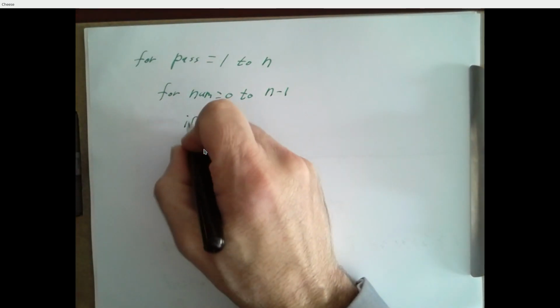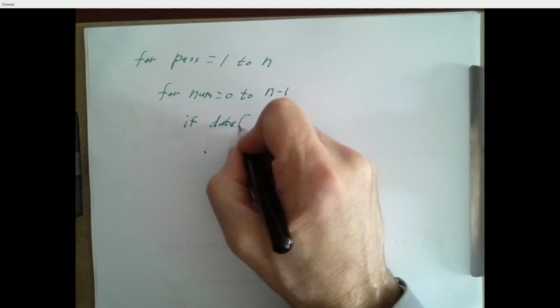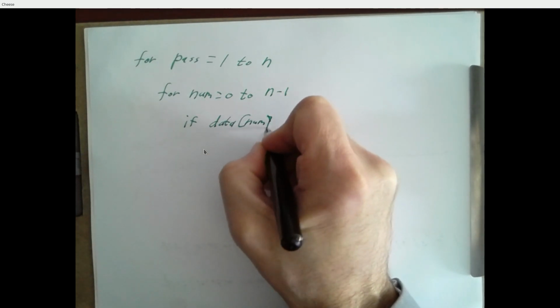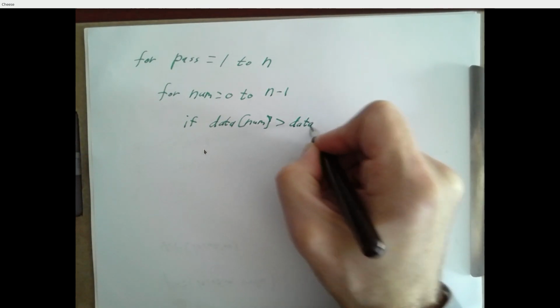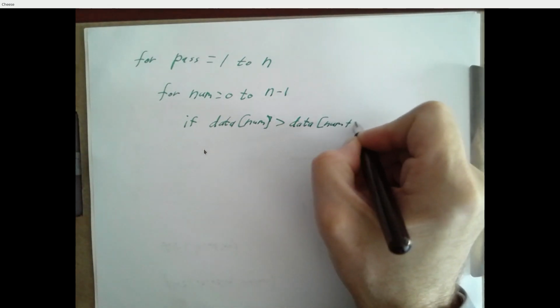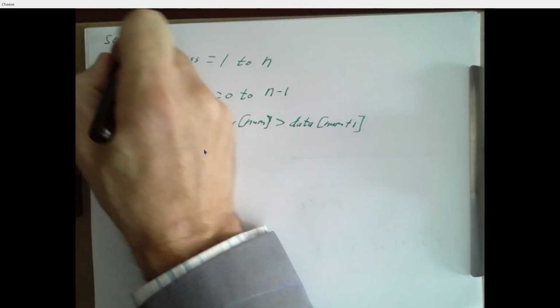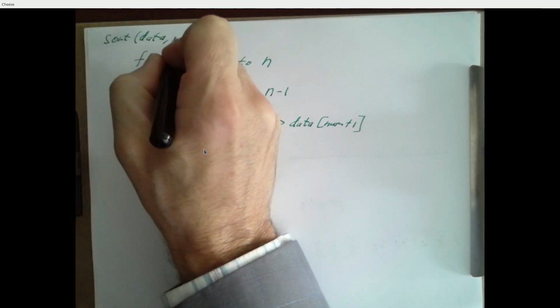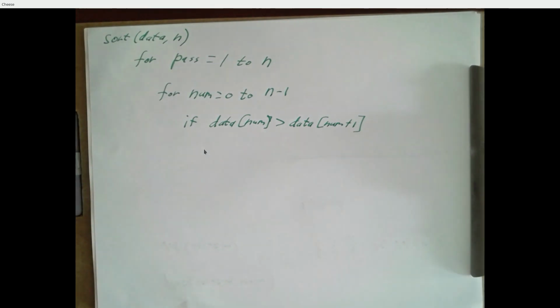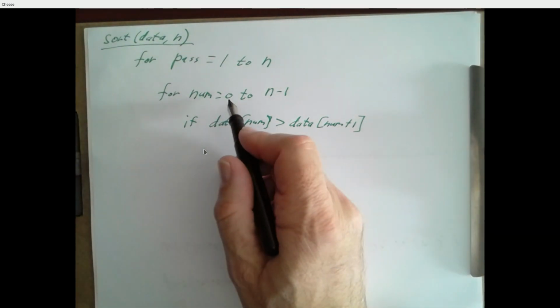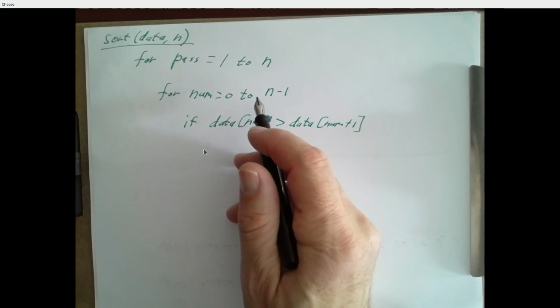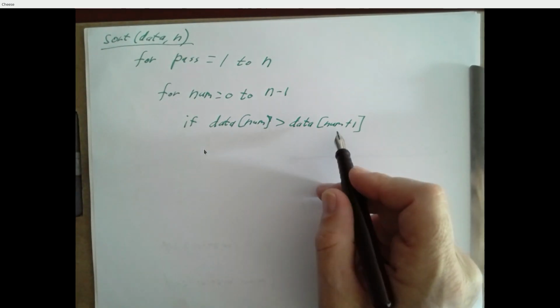And then we can say if data num is bigger than the number after it. So this is all sort, an array of integers, where n is the number of integers in that array. So your inner loop is basically saying for all of the numbers up to the one before the last, see if that number is bigger than the number after it.